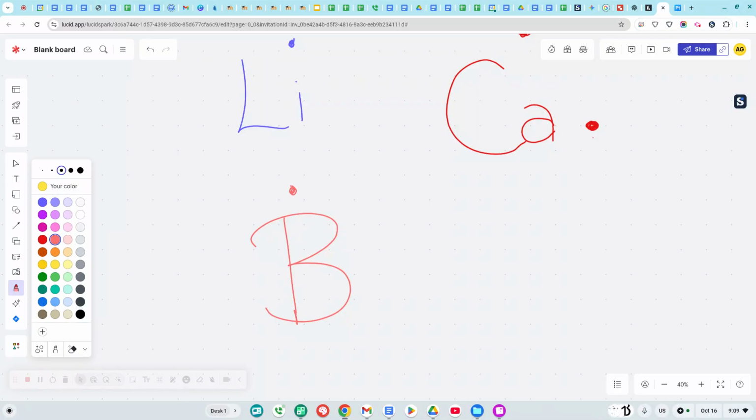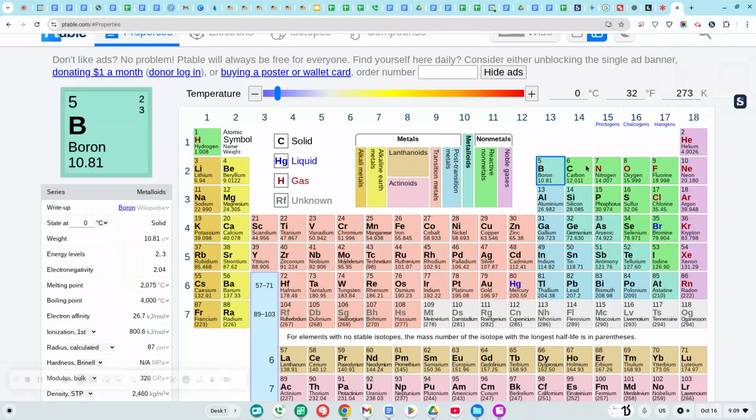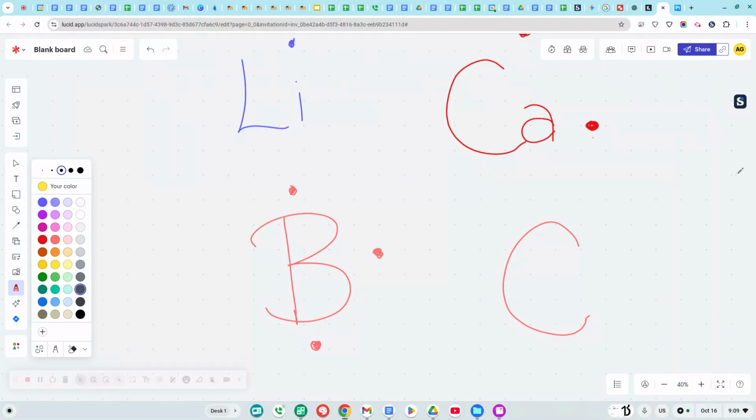We start at the top, go to the right, we go to the bottom. Now we've done boron. Here we're going to do carbon. Carbon is in group 14, so it has 4 valence electrons. So it goes 1, 2, 3, 4.